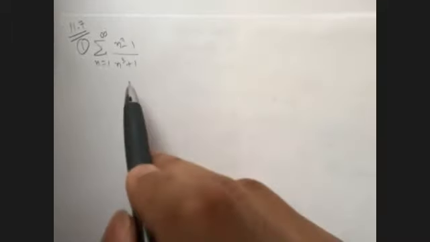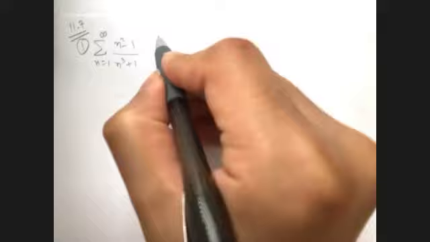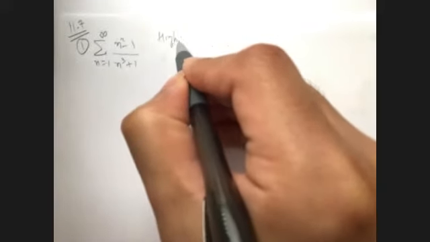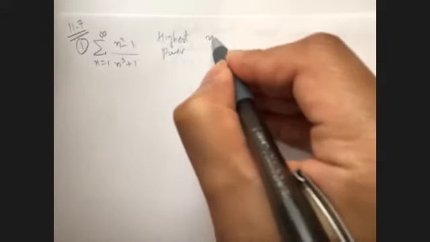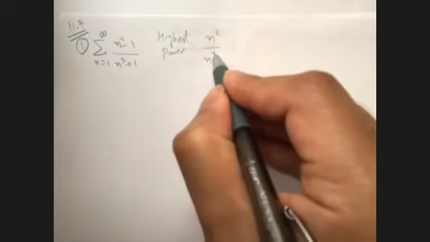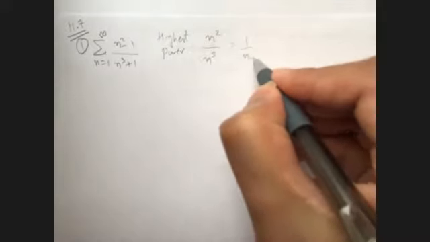This is n square and n cube. If you look at the highest power, in the numerator it's n square and in the denominator it's n cube. So it goes like 1 over n.